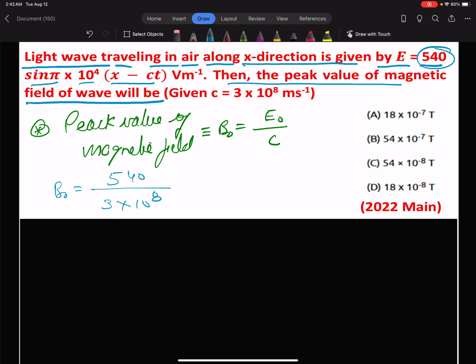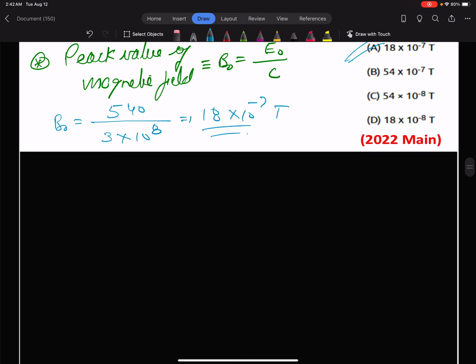So we get this will be equal to 18 into 10 to the power minus 7 Tesla. So option number A is correct. Next question.